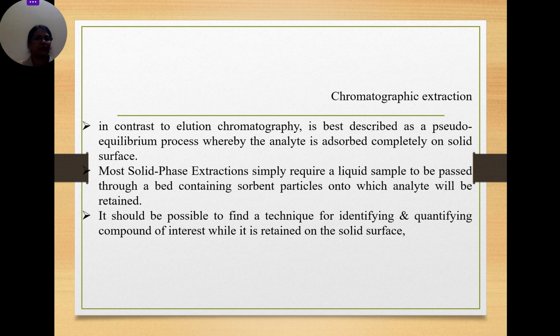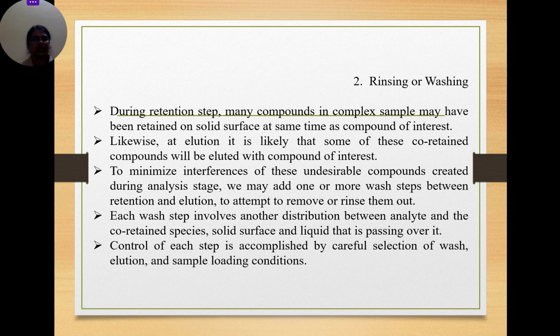So it is a simple technique of identification, separation and finding out the distribution of the particular analyte in the sorbent material. Okay, so during this retention step, many compounds in the complex matrix may have been retained on the solid surface at the same time as the compound of interest. Yes, this is a complex matrix, so many have been retained on the surface apart from the analytes.